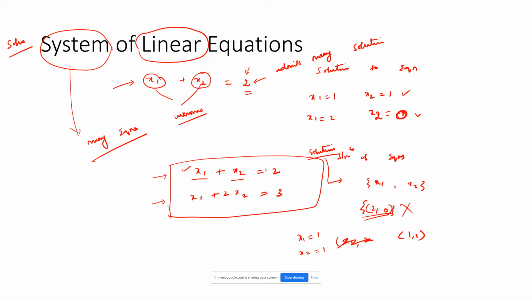Let's keep this talk at an intuition level. So what I'm claiming is an equation is linear when all variables in the equation are raised to the power 0 or 1, and the variables should not mix up.